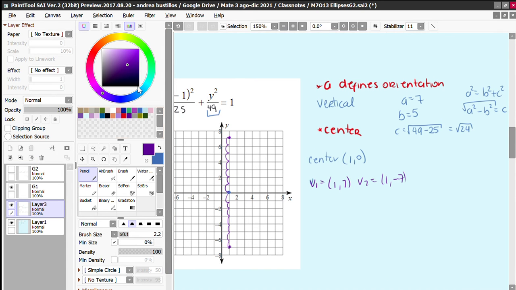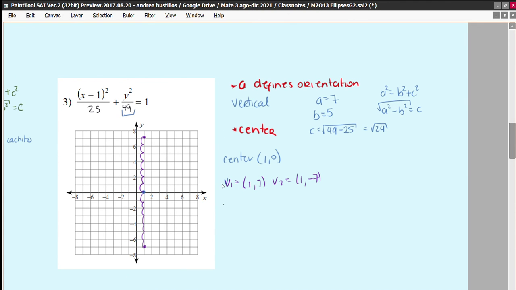The next values are my foci. So the foci, remember, lie at a distance c from the center, and they have the same orientation as the vertices.